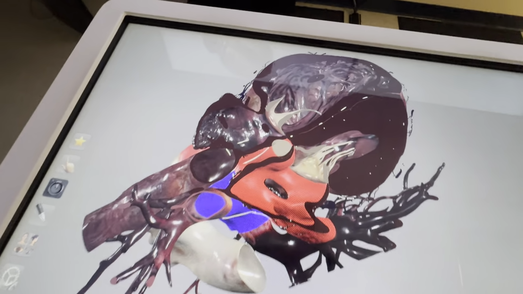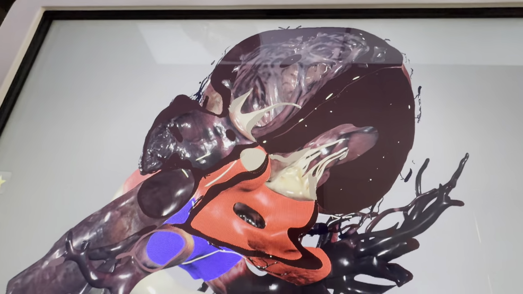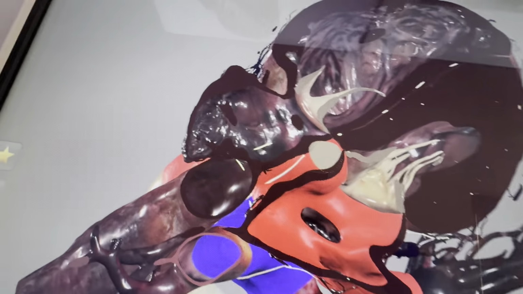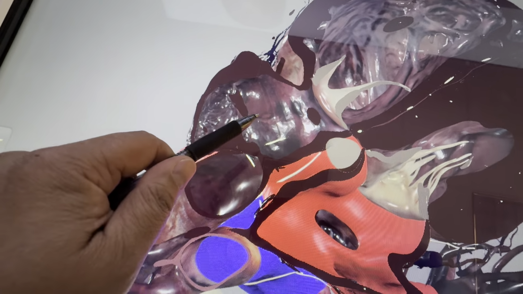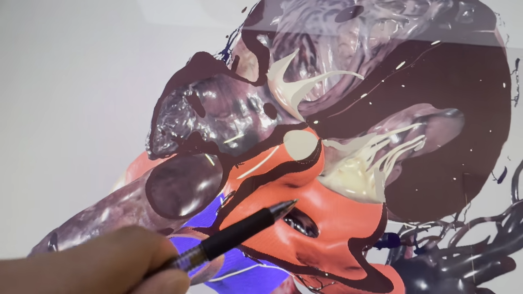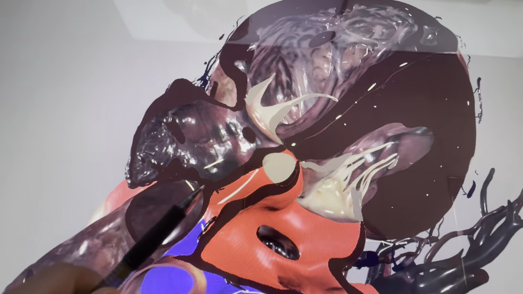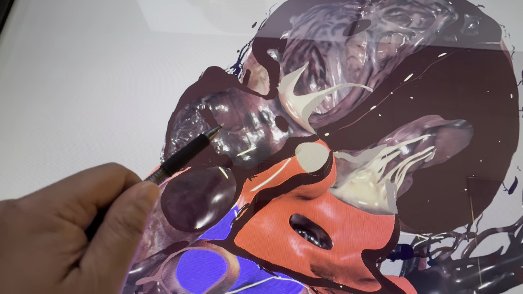I opened it up, and you see these things. Okay? So, what area of the heart is this, or chamber?